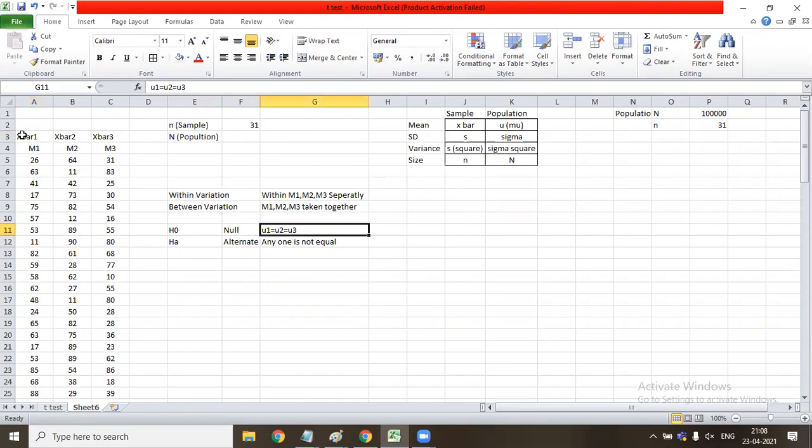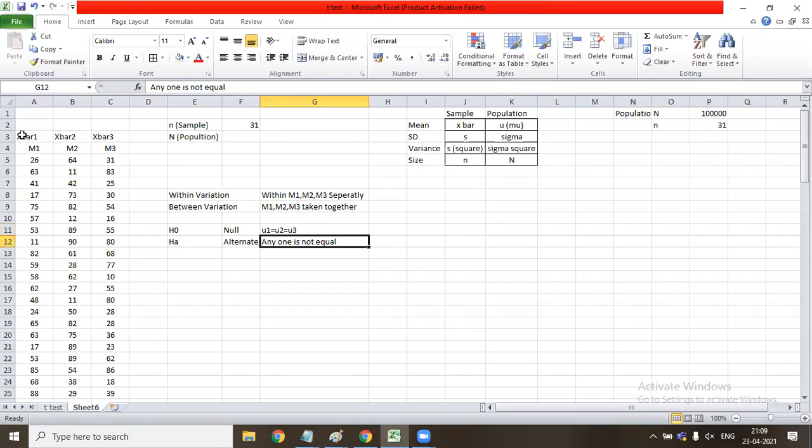I say mu1 equal to mu2 equal to mu3; considering the x bars, we will do some calculations. We need to infer whether the means of population 1, population 2, population 3 from machine 1, machine 2, machine 3 are equal or not. That's the thing I've been trying to estimate.